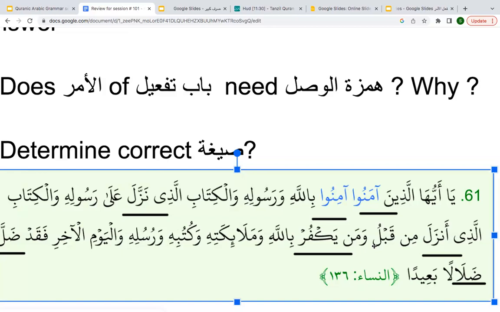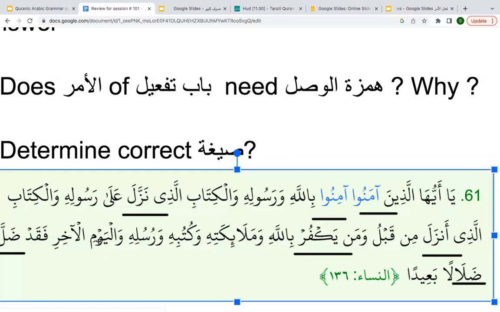If qablu and ba'du do not have their mudaf ilayhi after them, they become mabni by taking dhamma. They become non-flexible with dhamma. What's the original status of that word? Jar in status, right?